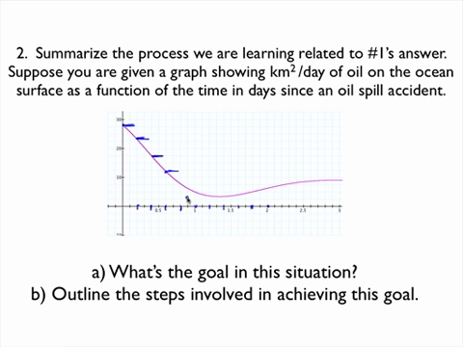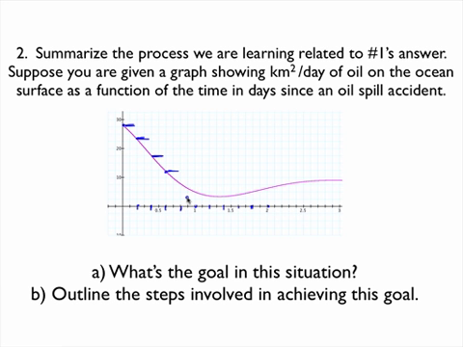I'm a little confused why we're adding these up when this is like already an amount of oil on it. No, it's not. This is the rate. It's the rate that the area is changing per day. You see? Okay, but doesn't it show the area of oil on the ocean?